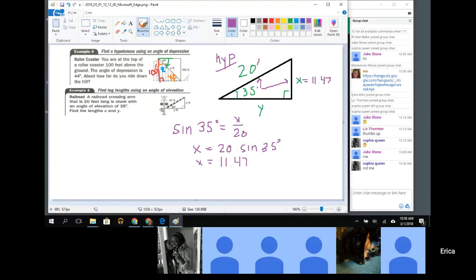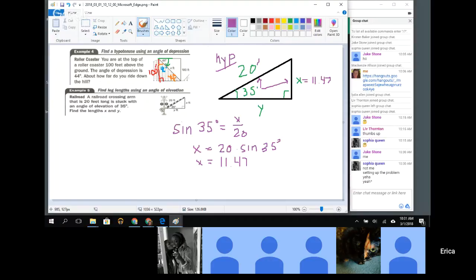Calculator or setting up the problem? Setting up the problem. Okay, so does that make sense now? All right, cool.